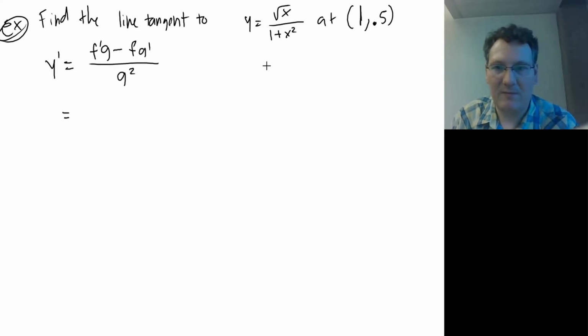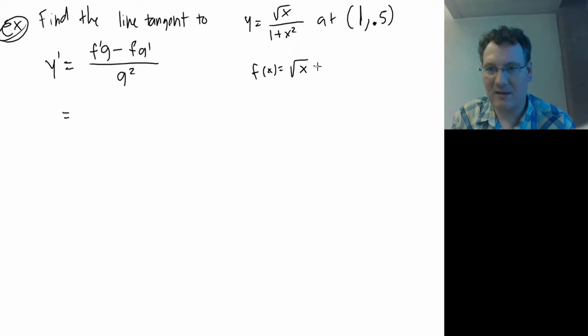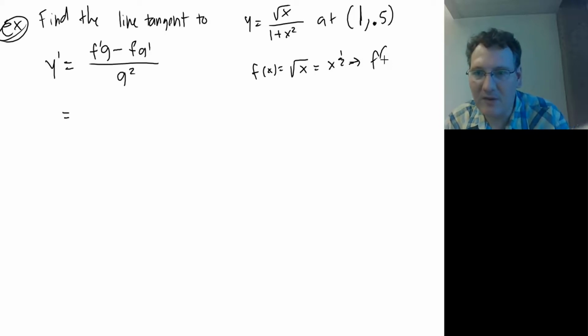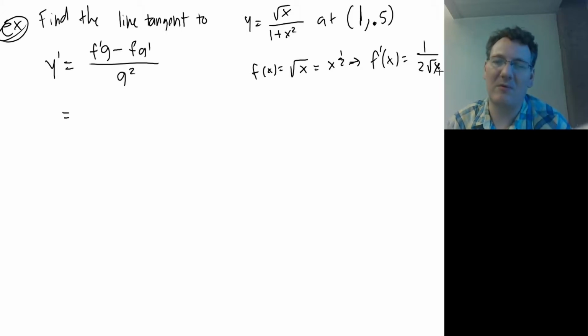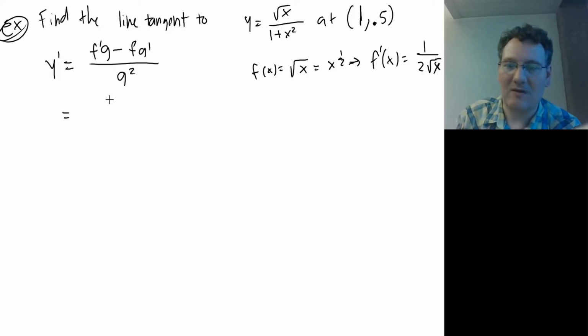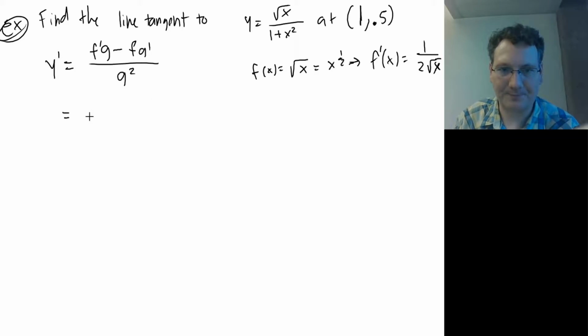Remember, if f of x is square root of x, that's x to the 1/2. f prime of x, we've done this a few times, is 1 over 2 root x. It's helpful to remember that for the square root, because we are going to see it again and again. So the derivative of square root of x is 1 over 2 root x.